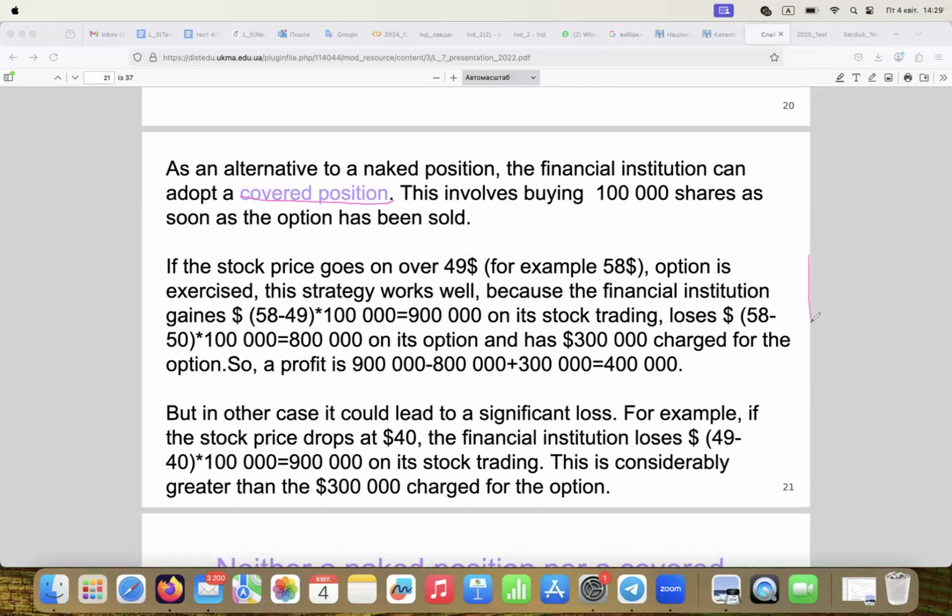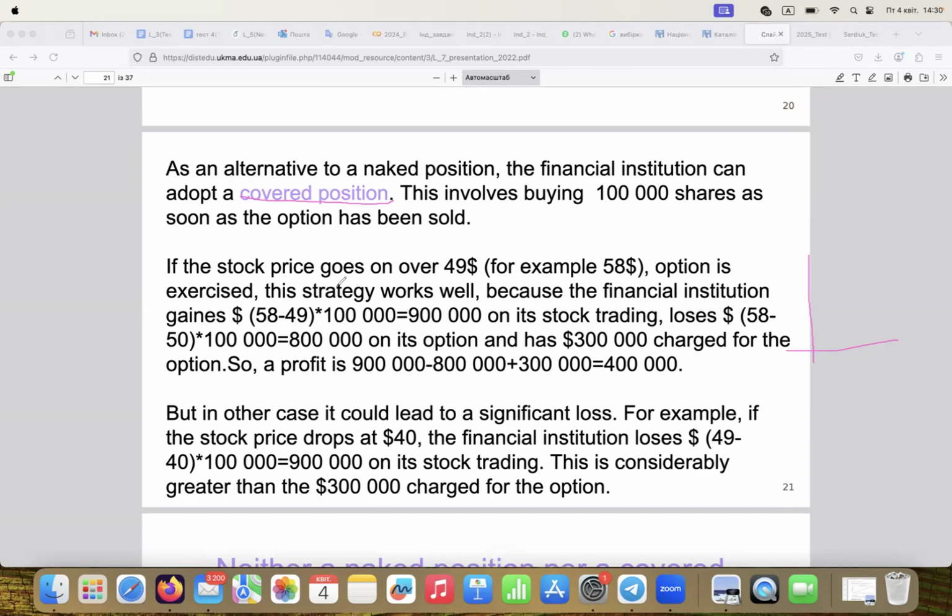Okay, the first, you remember, if the stock price goes over 49. In this case, we have stocks and option, and we need to compute our profit, profit for trading stocks and profit for trading option.